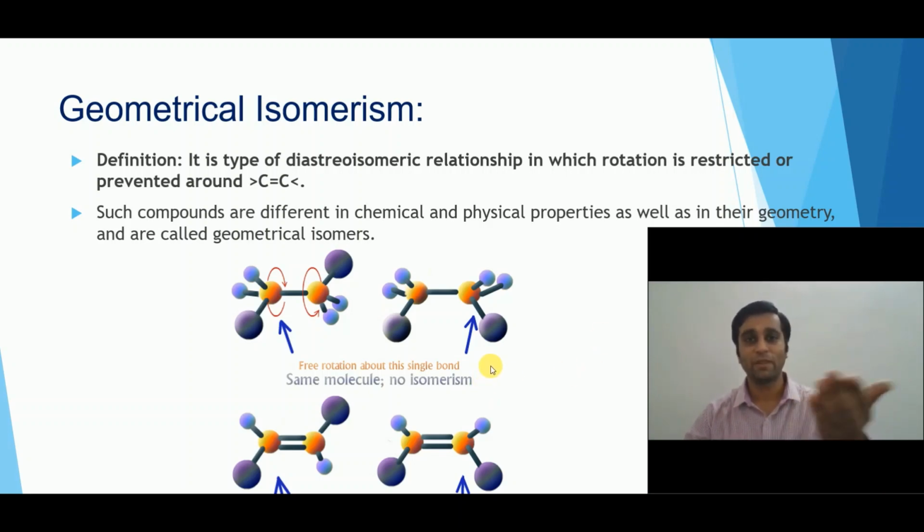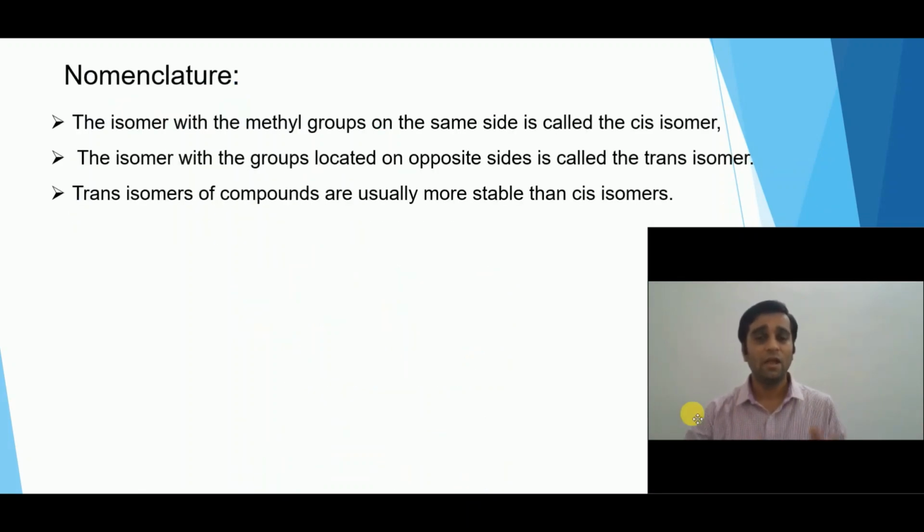Next, when I say nomenclature, as usual, there are two types of method. One is cis-trans isomerism and another we will study today, that is E and Z nomenclature.